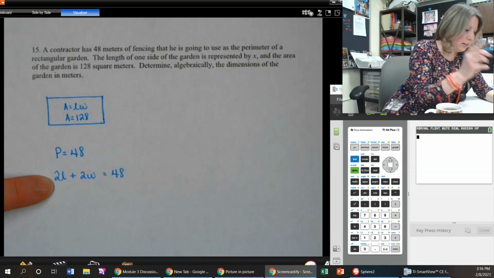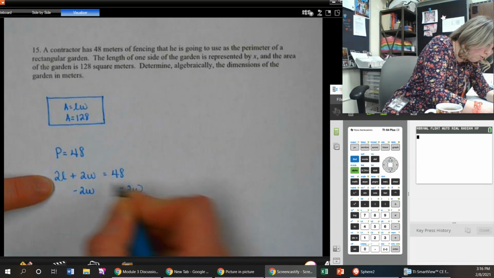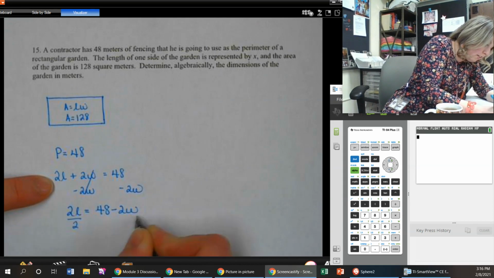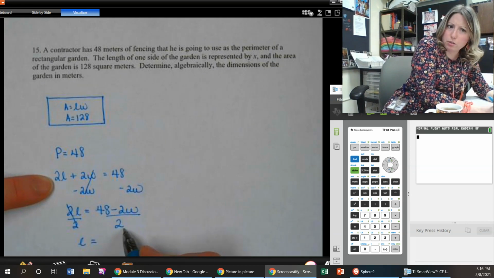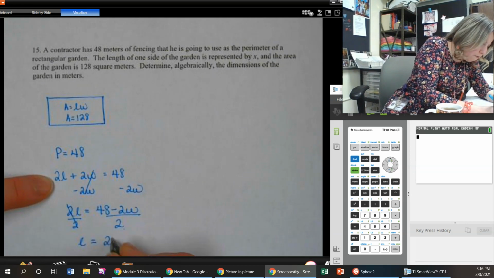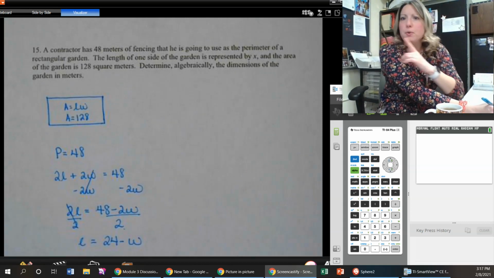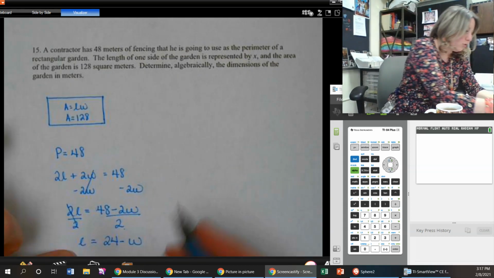So let's do that. Let's subtract this over. I get 2L equals 48 minus 2W. And then to get L alone, I just divide by 2. So I get L equals, both of these are divisible by 2, so let's do it. 24 minus W. So my length is 24 minus W.